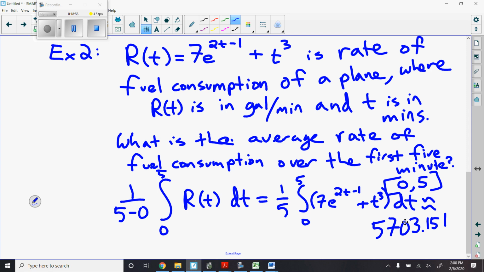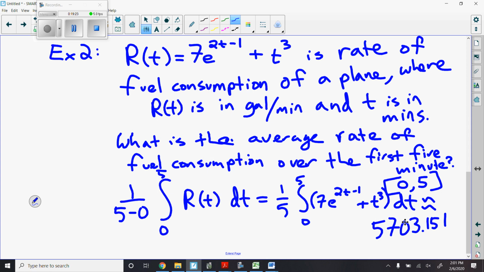Now let's talk about the units here. Whenever we do an average value of a function, the units are always going to be the same as the units of the function we're integrating. If R of t is in gallons per minute, when we integrate that, we're taking gallons per minute times minute, so we'll get gallons.